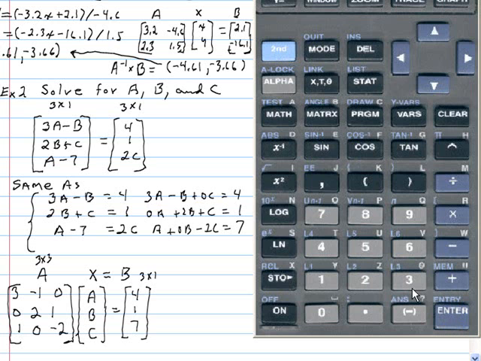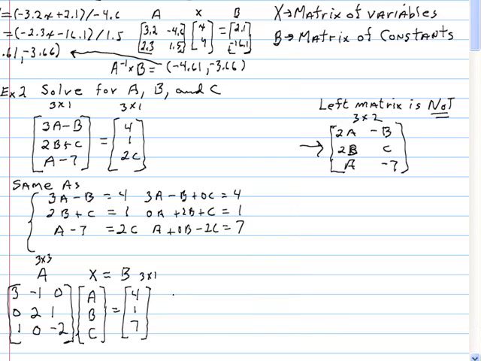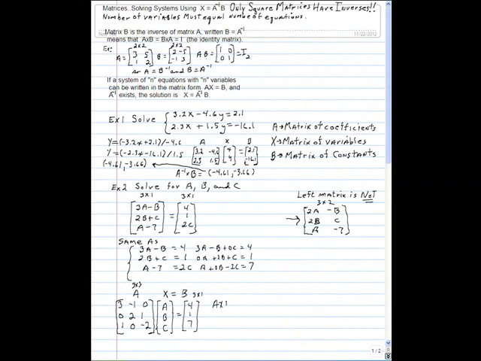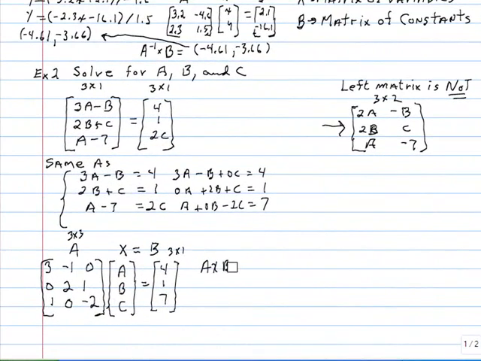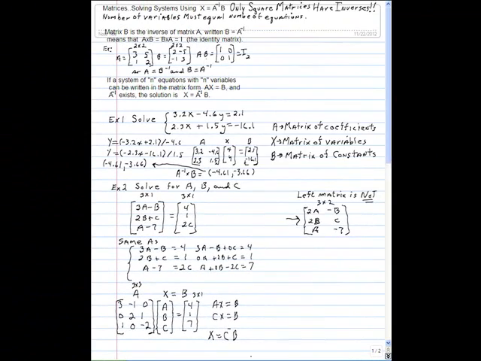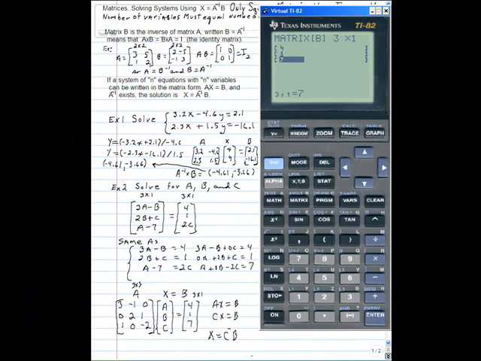But remember, I've stored matrix A into location C in the calculator. So instead of writing AX equals B, like I normally do, this time I'm going to write CX equals B and use X equals C inverse B instead of A inverse B. So I quit out of this.